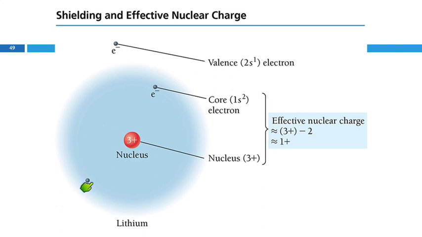So these 2 electrons essentially cancel or neutralize 2 of the positive charges on the nucleus. So there's actually 3 positive charges on the nucleus, but because there's 2 negative electrons getting in the way, subtract that, and the effective nuclear charge is approximately 1. So this electron sees a +1 charge. Does that make any sense?